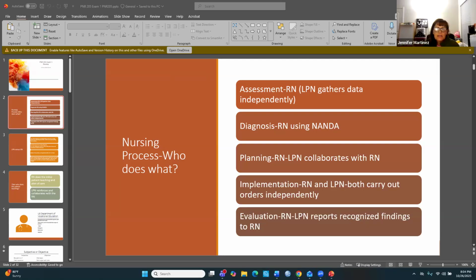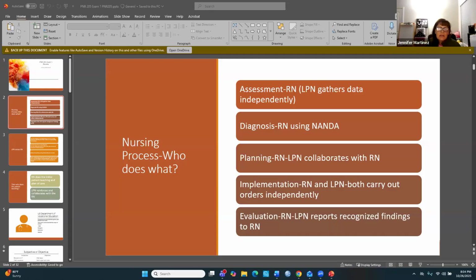Assessment is generally done by the RN. The LPN can gather data independently, and then we can bring that back to the RN. Diagnosis, the RN will use NANDA to formulate the nursing diagnoses for that patient.